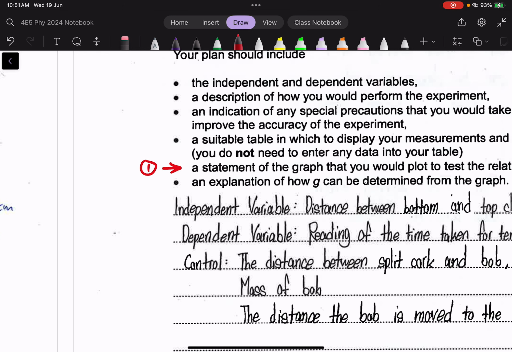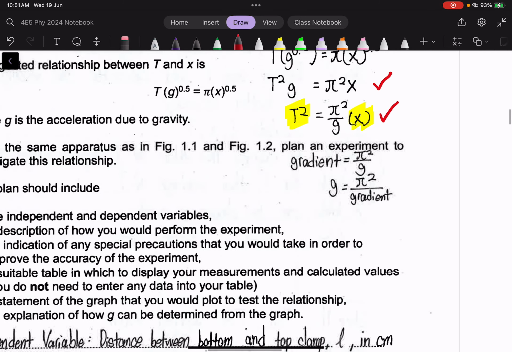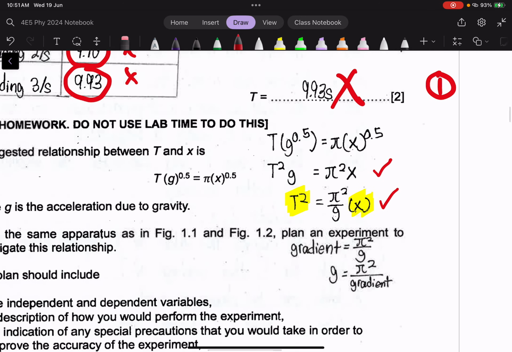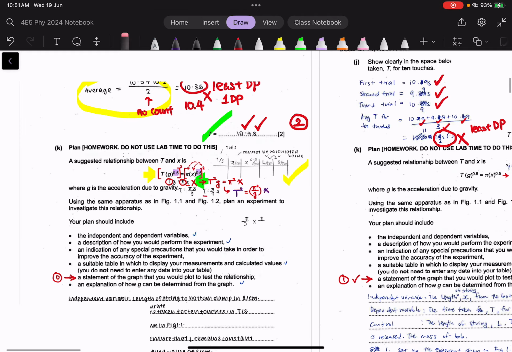Next thing, I will then check whether he has the correct independent and dependent variable. So since you are plotting t and x, unfortunately your x is a processed value that comes from big L and small l. So let's start from the first student, right?